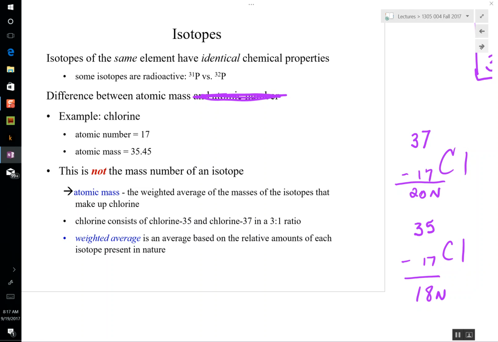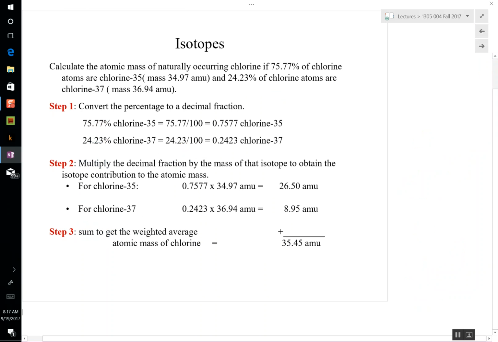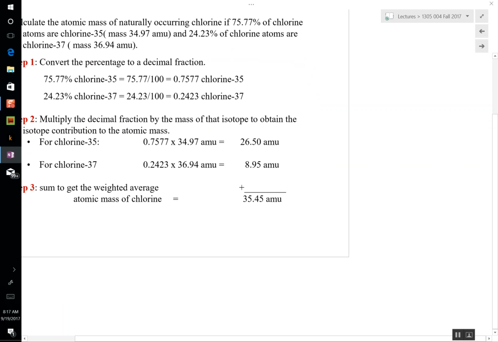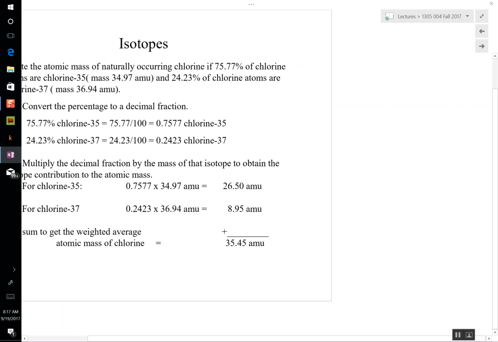So I think the next slide shows us the relative abundances here. Chlorine 35 has a relative abundance of 75.77%. We're going to look at this very accurately here. Chlorine 37 is 24.23%. Trying to move around to get some space here.